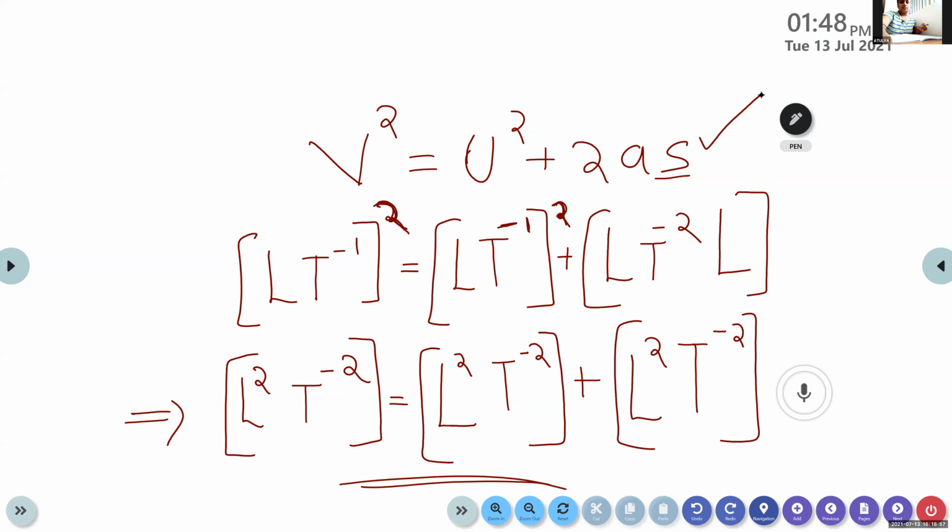Any doubt regarding any step of this equation? Nimita, is there any doubt regarding this topic? No, ma'am. Okay. So in order to check the correctness of an equation, we use the principle of homogeneity.